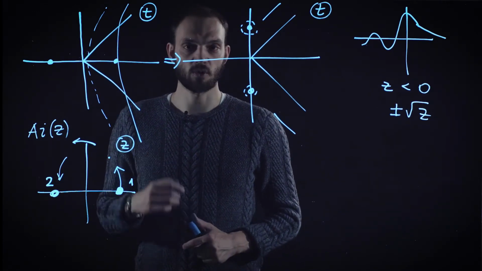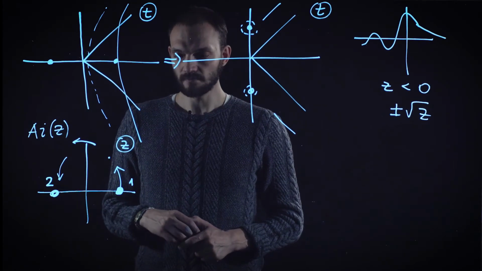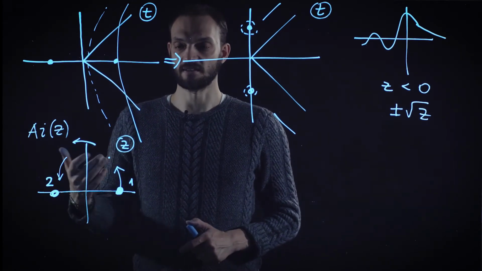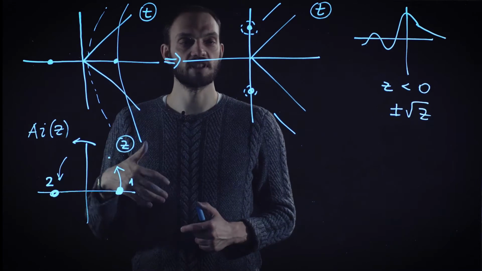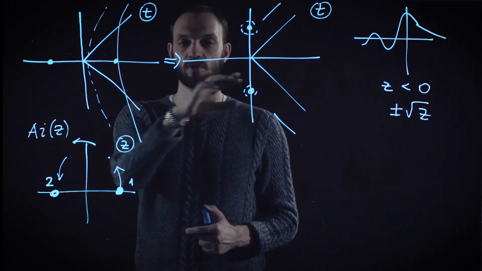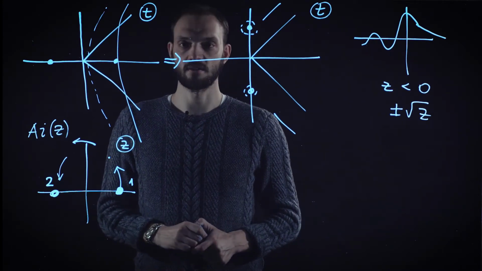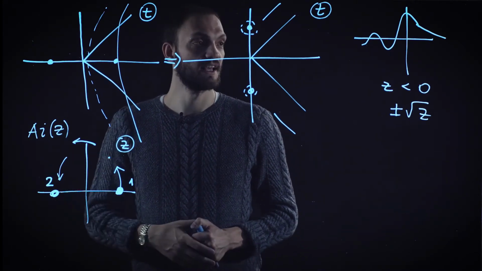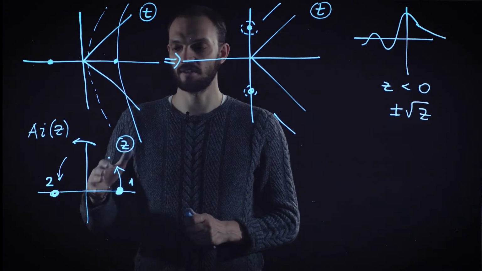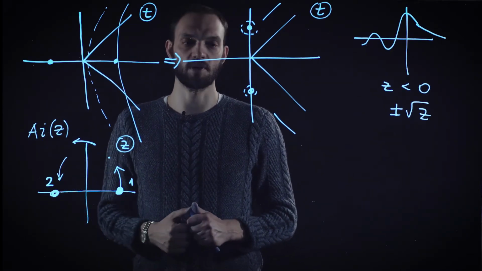And this phenomenon is called Stokes phenomenon. We will now understand what it means from the point of view of the position of the saddle points and topology of the saddle point contour, and how we can evaluate the asymptotics of the area function in the various sectors of the complex plane.